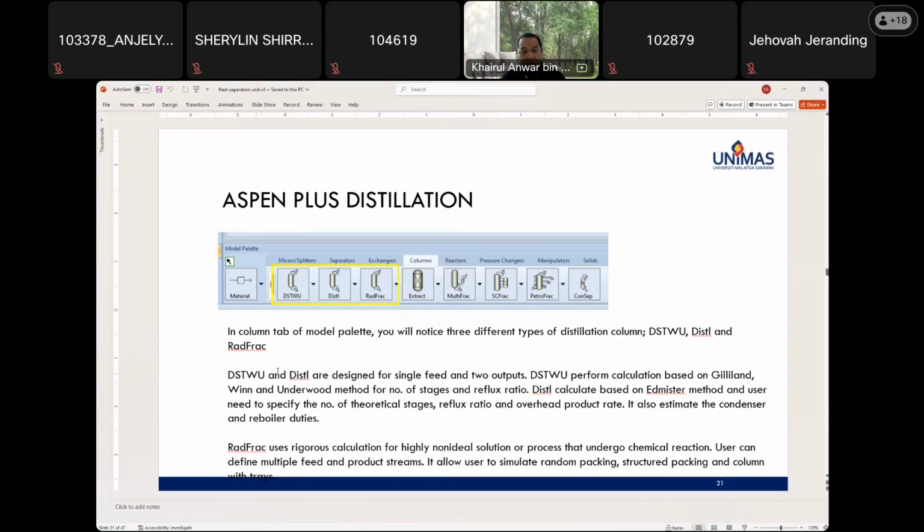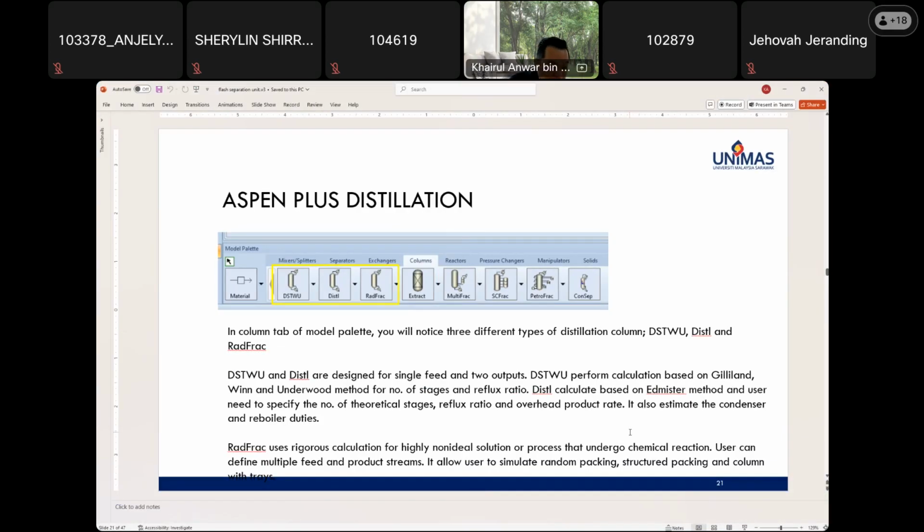The STW and DISTL are designed for single feed to output.